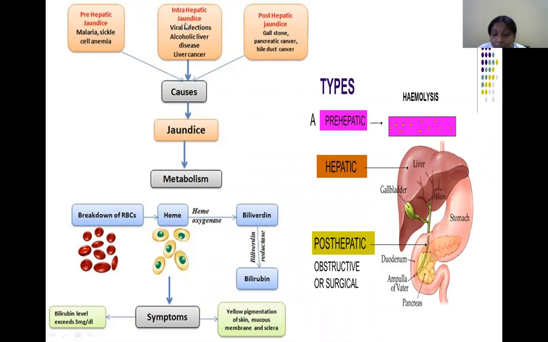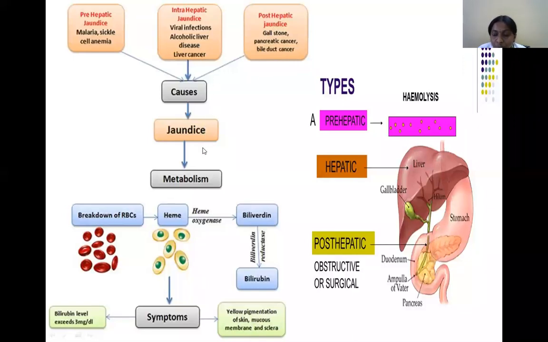Intrahepatic or hepatic jaundice is mainly caused by viral infections, alcoholic liver diseases, and liver cancer. Post-hepatic jaundice causes are mainly gallstone formation, pancreatic cancer, and bile duct cancer. These are the main causes of jaundice.